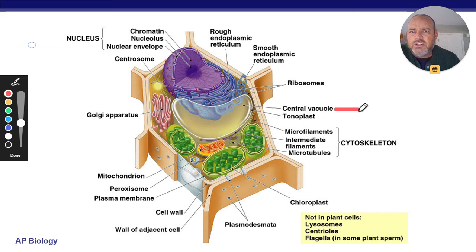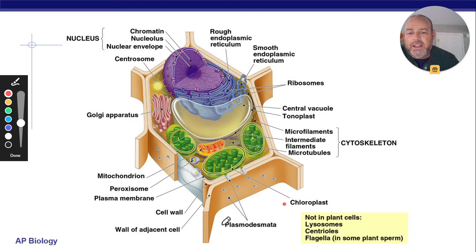Central vacuole is really just reserved for the plant, because it's this big clear guy, and it's there to store water. And so that's an important one for plants. We don't talk about tonoplast a lot. I wouldn't worry about that one. And we haven't gotten to the cytoskeleton yet, but we will. And these are all the same. Microfilaments, intermediates, microtubules, those are all the same.